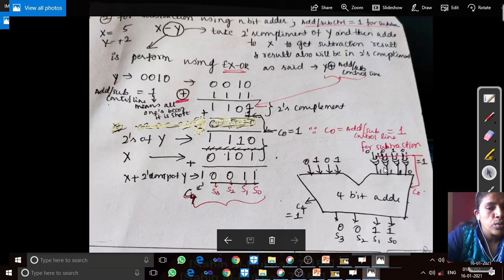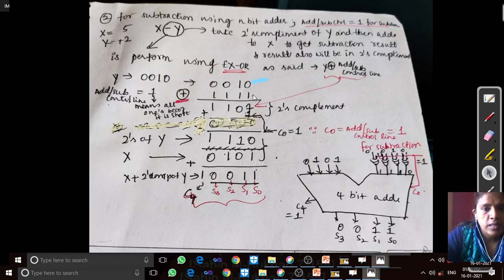In this circuit, how the 2's complement is generated using the XOR gate, you can understand here. When your C0 is 1, which is nothing but one input of the XOR gate being 1, which is depicted here, the other input is given as it is. You can see here, the other input is here, and this is your initial carry C0, which is nothing but 1's complement plus 1.